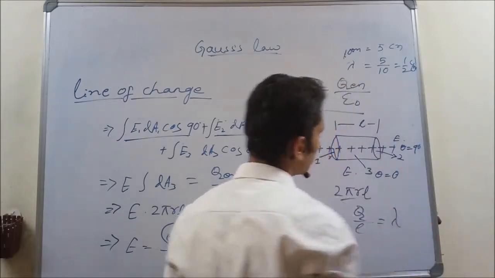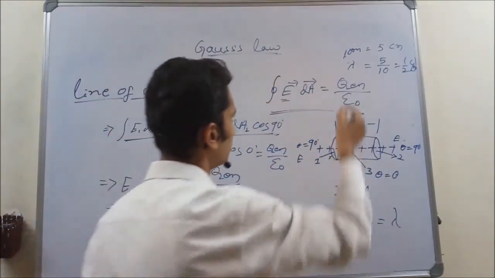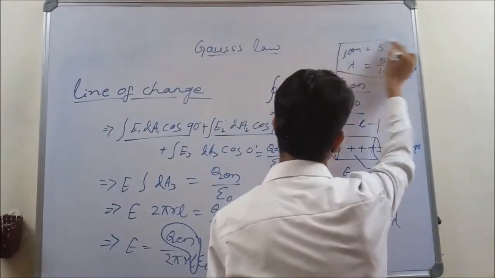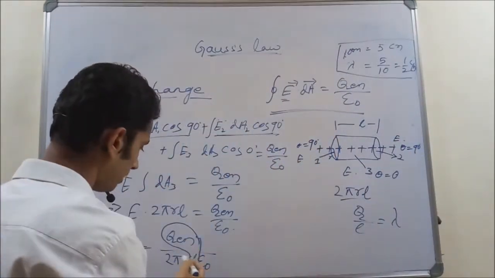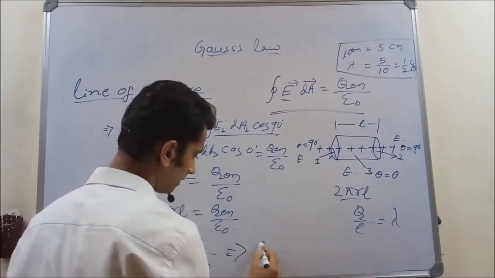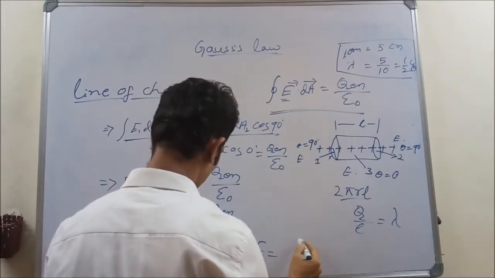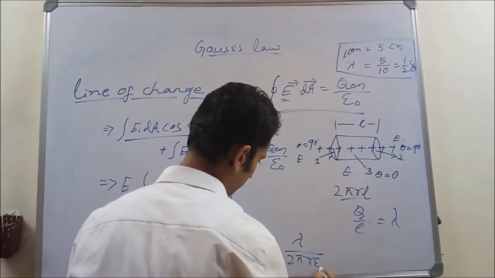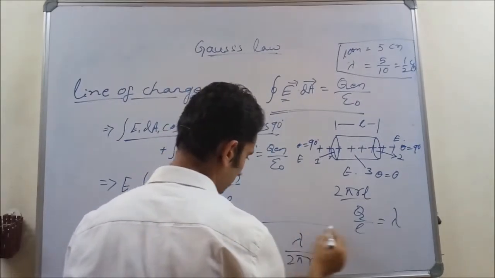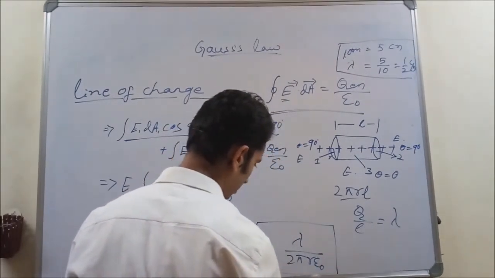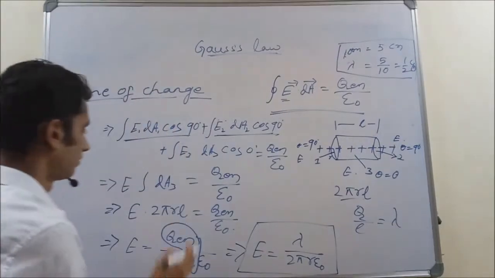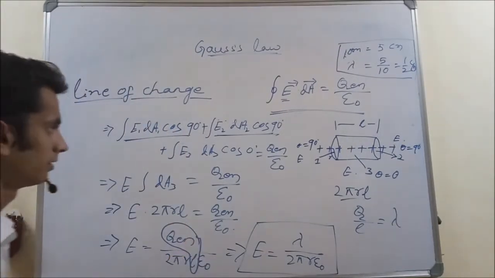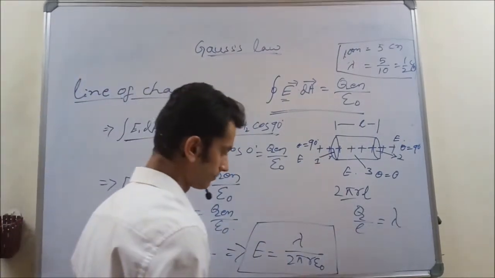So this is linear charge density. So instead of q by L we can write E is equal to lambda by 2 pi r epsilon 0. So this is the formula to find the electric field of a line of charge.